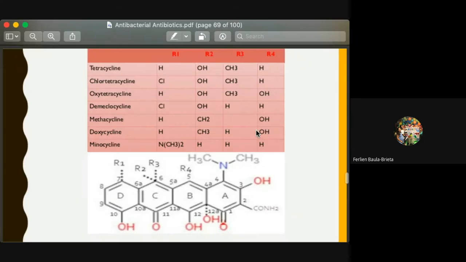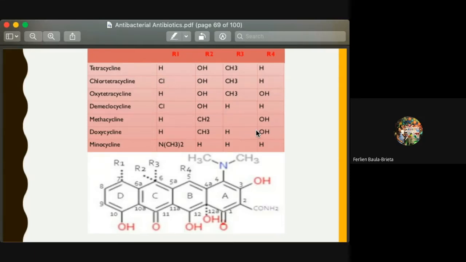Let's move forward to the different areas available for substitution. So we have R1, R2, R3, R4. Tetracycline has the basic hydroxyl and methyl in R2 and R3.